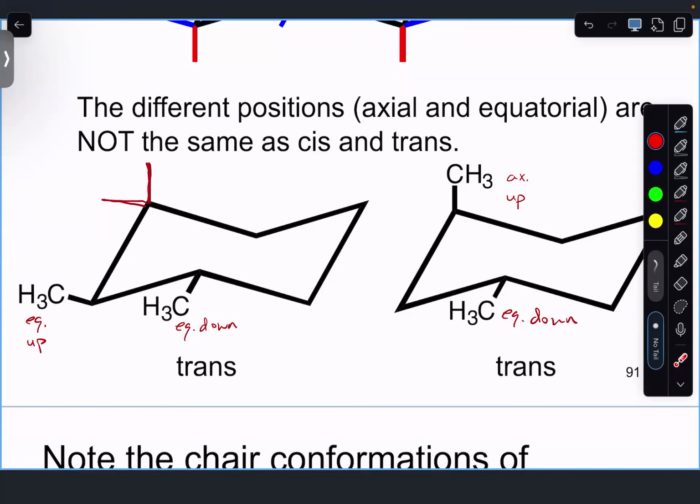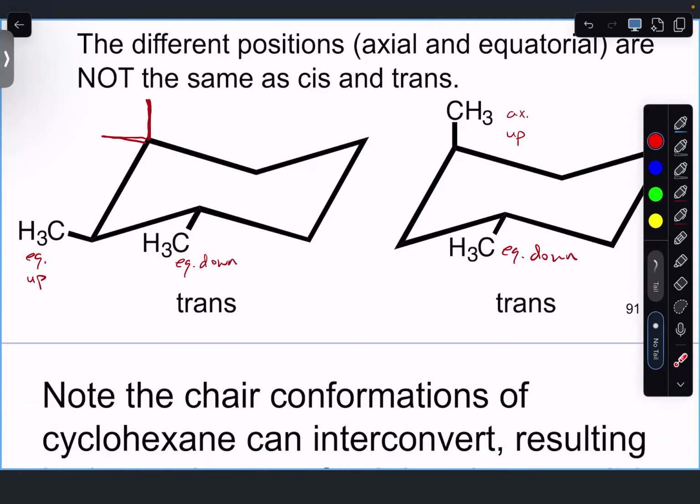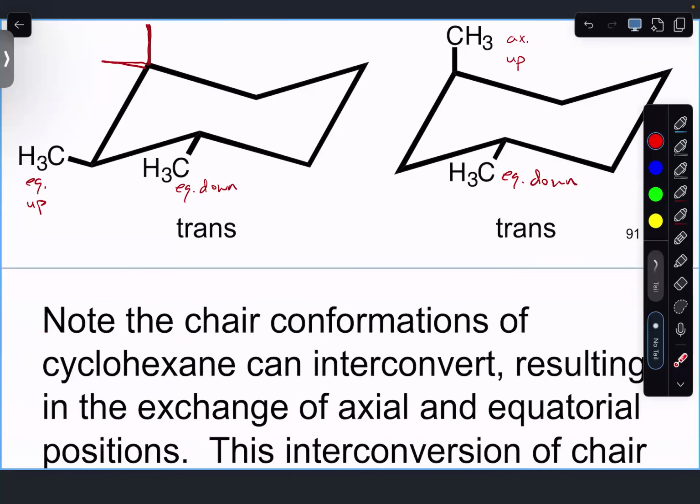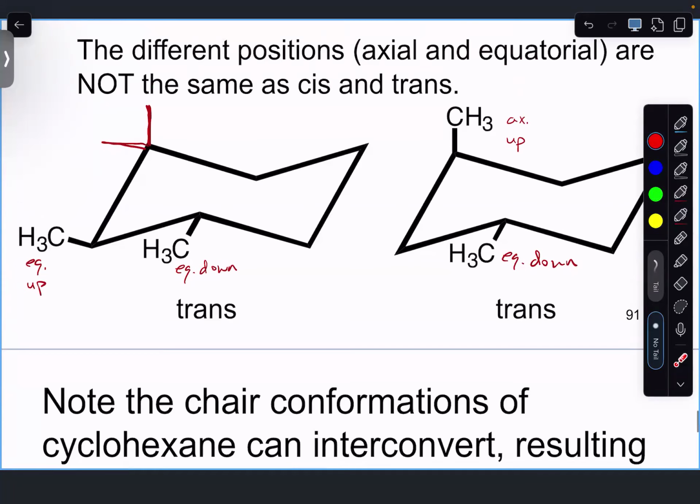Okay. So now the fun begins. Now that we've gotten all this established, as I alluded to earlier, you have just kind of one chair form. Both of those are the same chair form. These chair forms can actually flip.